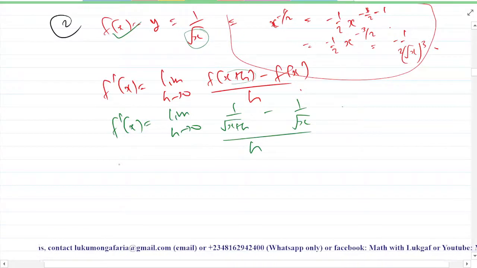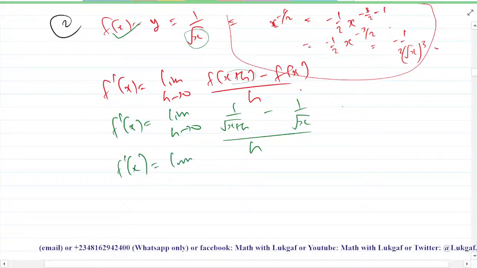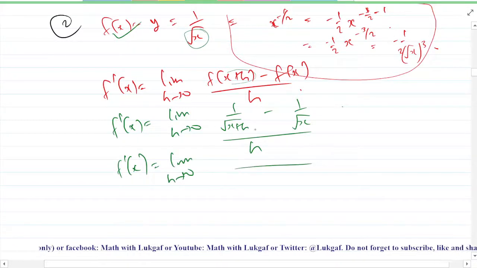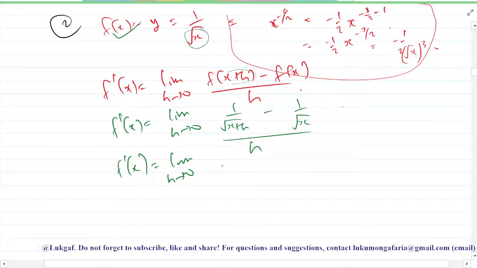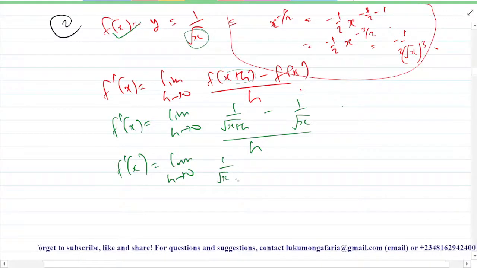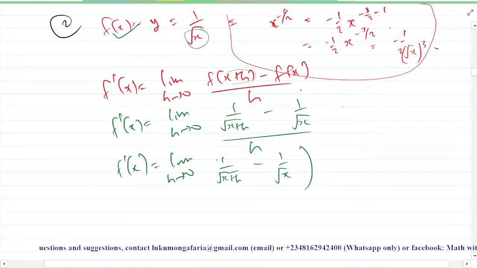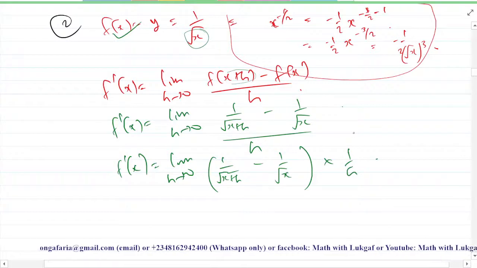Okay, so now you can find the LCM of the numerator, or before doing that, let me just rewrite this to make it neat here. Is that not so? Yes.